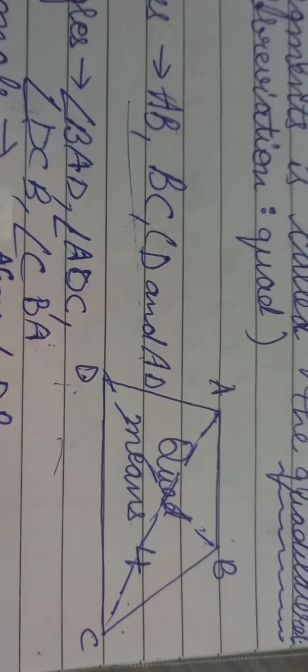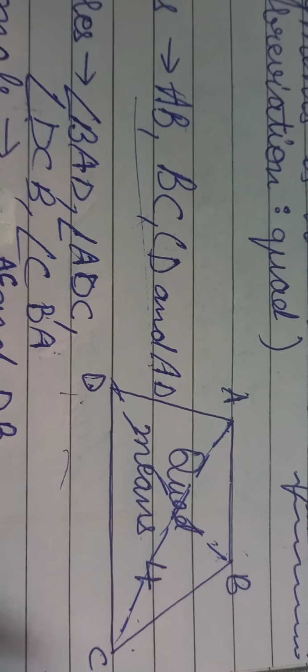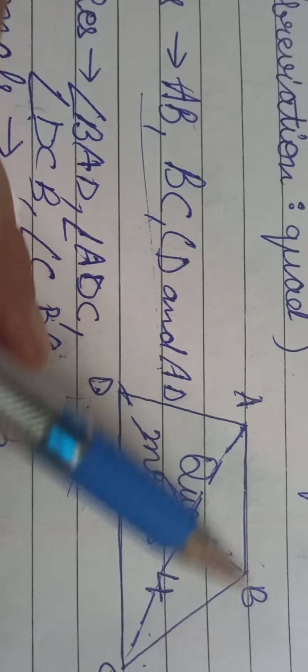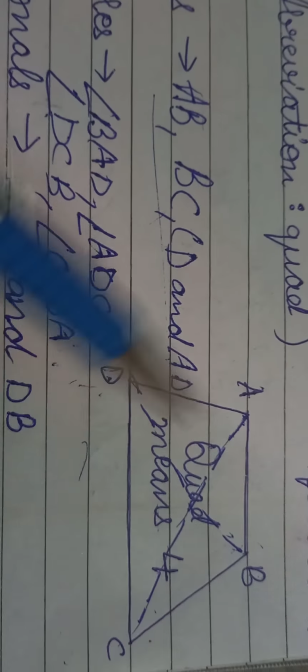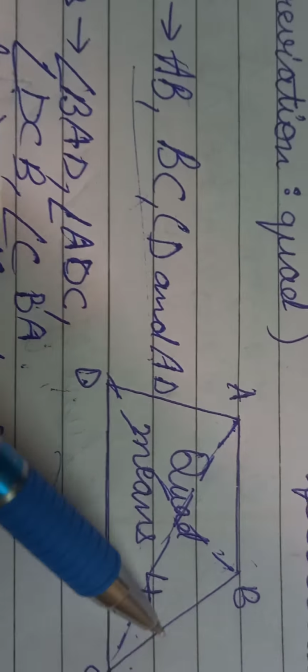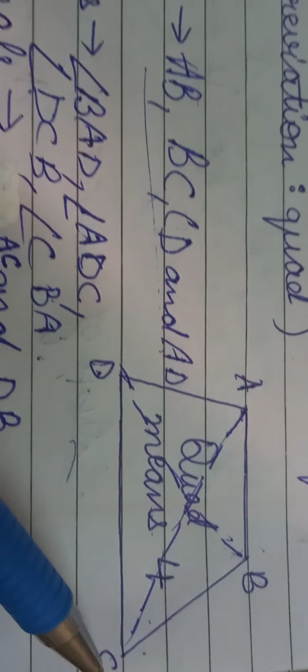Next is adjacent angles. Angle BAD is adjacent to angle ADC. Angle ADC is adjacent to angle DCB, and angle DCB is adjacent to angle CBA. So these were the adjacent angles. And what are the opposite angles?